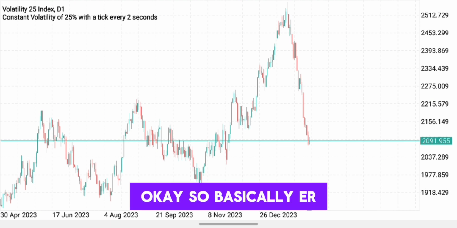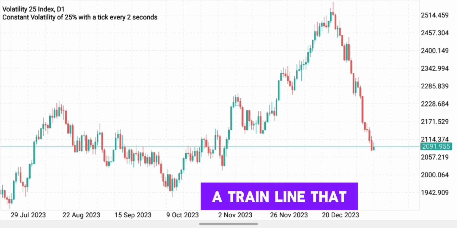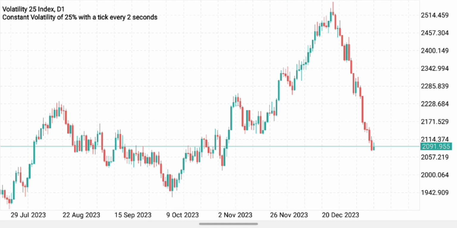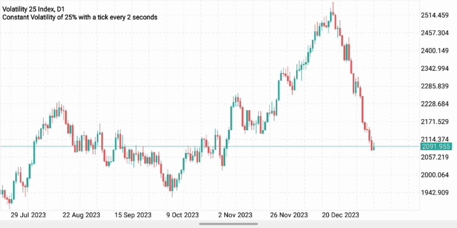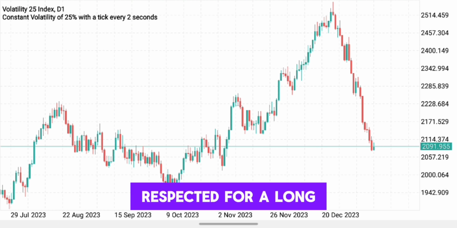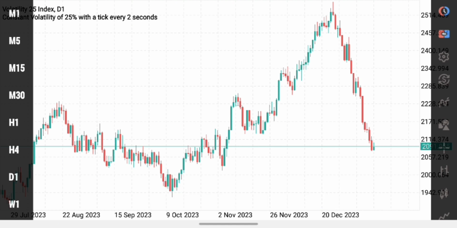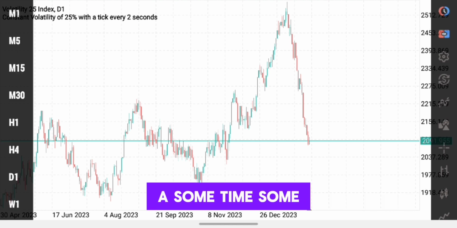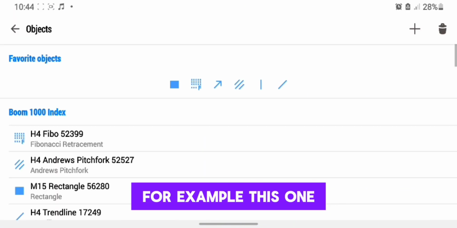Okay, so basically in this one I'm going to show you how to trade a trend line that is usually a rising or a falling wedge. So I'm going to identify one trend that has been respected for a long time. So the first one here, as you can see in the day one time frame, we can put some bigger trend lines, like for example this one.